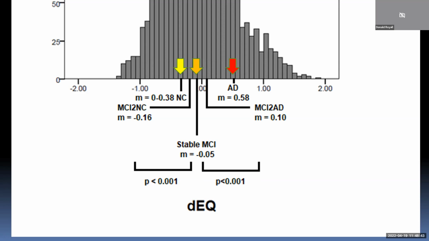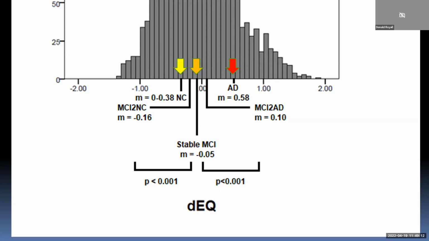And even within those means are 2 more groups. On the left of the orange is MCI to NC. Those are cases originally adjudicated as having MCI who later converted to normal controls. And their mean D-score, even at baseline while they were diagnosed as MCI, is in between the means for normal controls and stable MCI and statistically discriminable from stable MCI.